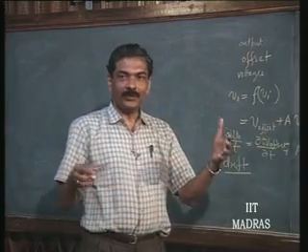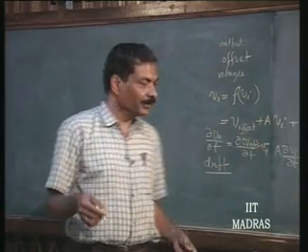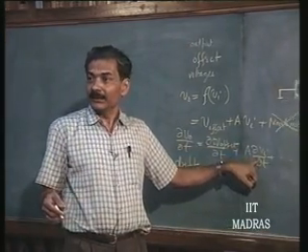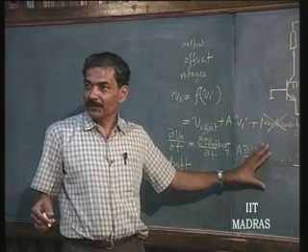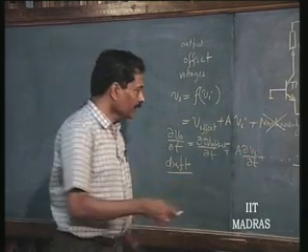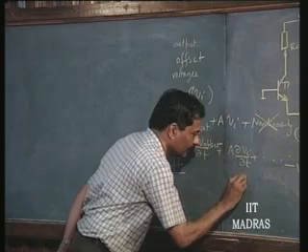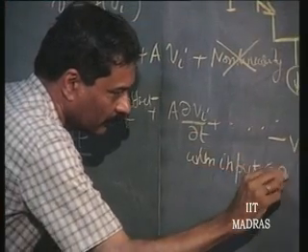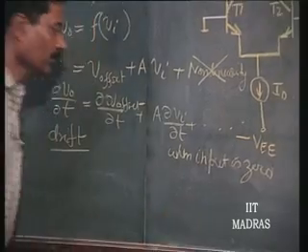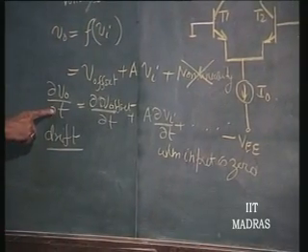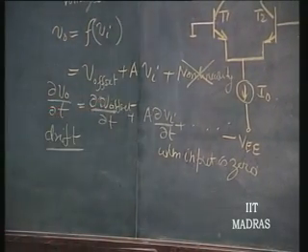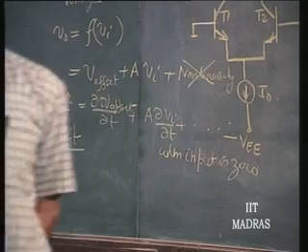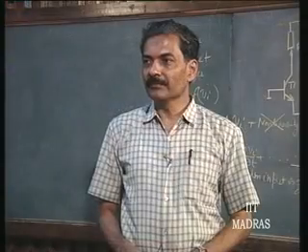That is, the output is going to drift because of what? Even when the input is 0, the output drifts because V offset is changing with respect to time.